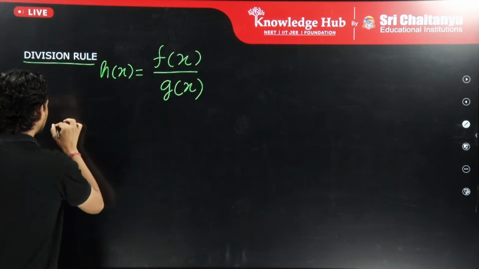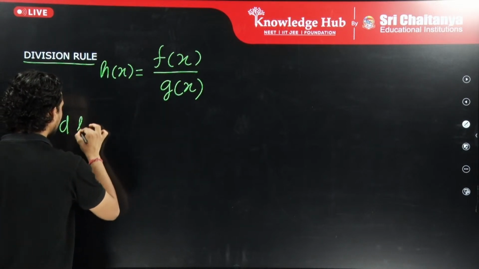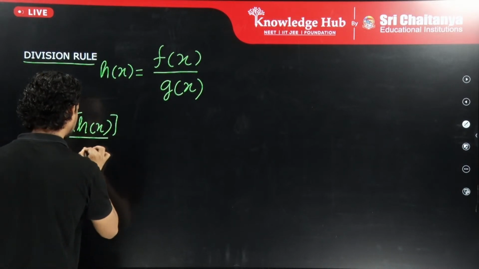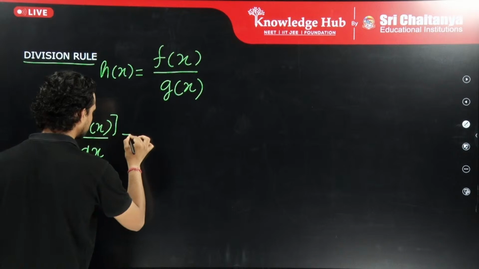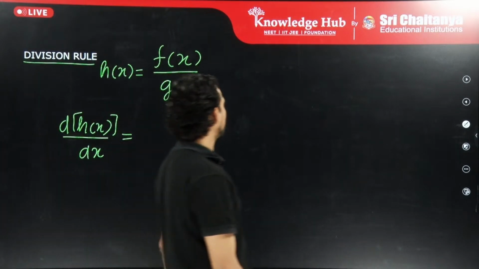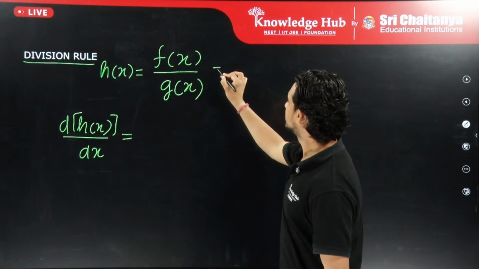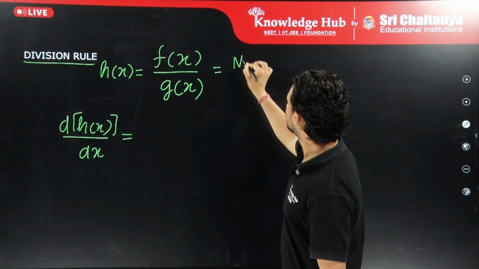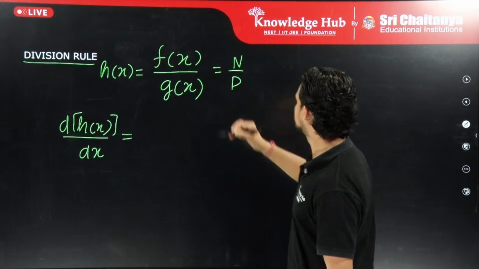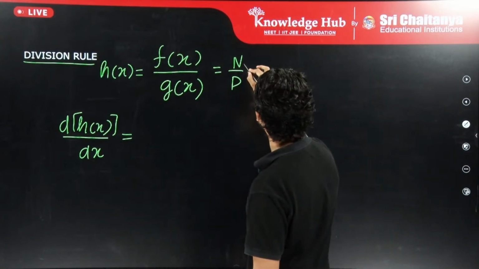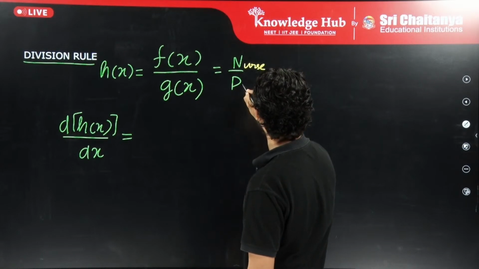Now if I want to find the derivative of my function h(x) with respect to x, what is the formula? Now I have a trick here. What is the trick? This is basically a numerator and this is a denominator, right? So this numerator I can call the nurse and this denominator the doctor.